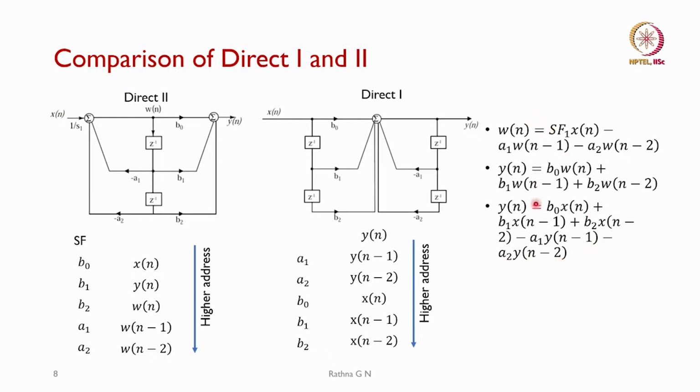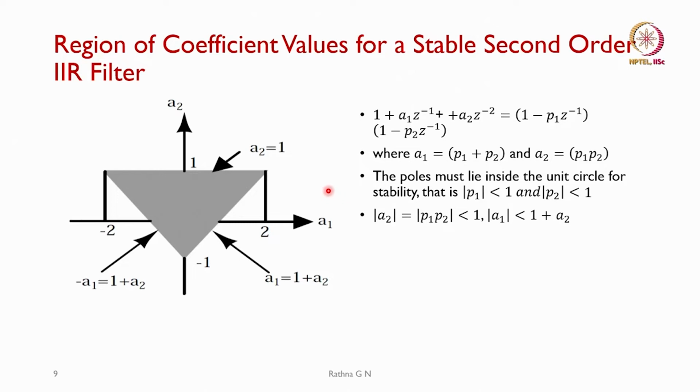In both cases it is the same, but the delay elements needed here are 4 delays, whereas in direct form 2 it becomes only 2 delays. That is the reason most applications use the direct form 2 structure compared to the direct form 1 structure.